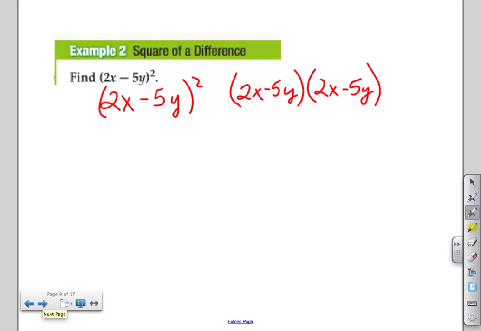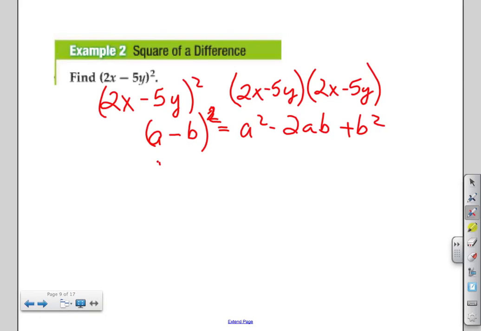Would this be helpful to have here for you to think about? What is a minus b squared going to be? It's going to be a squared minus 2ab plus b squared. Okay? So therefore, let's substitute in 2x minus 5y squared. We're going to think of this a little bit differently.